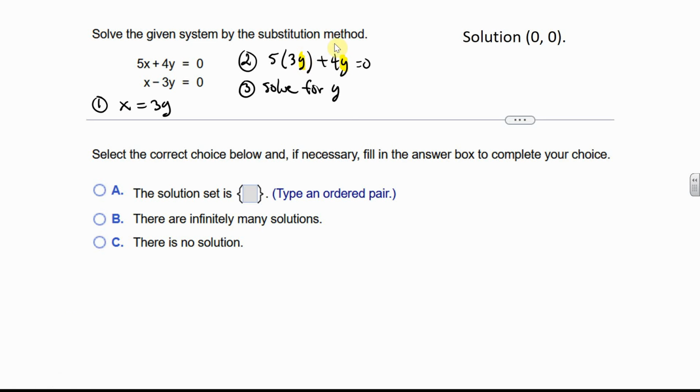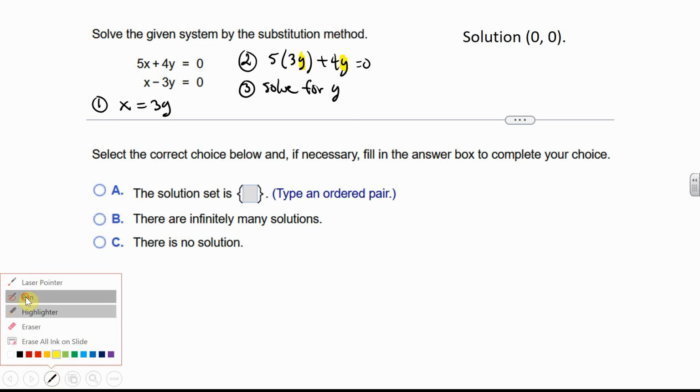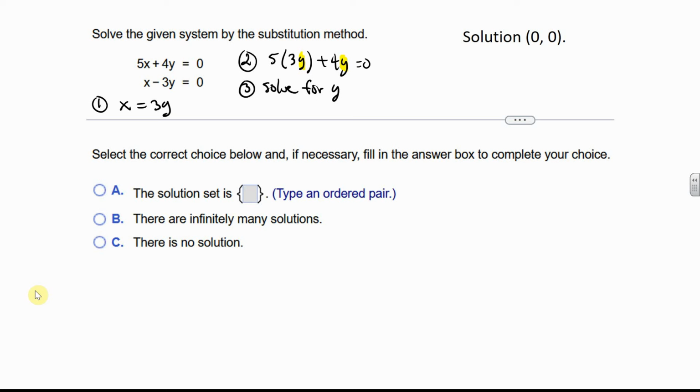Y and y, and so you ask why. Math joke, not funny anymore. Okay, so solve for y. So this is 15y plus 4y equal to 0. 19y equal to 0. That implies that y is 0.